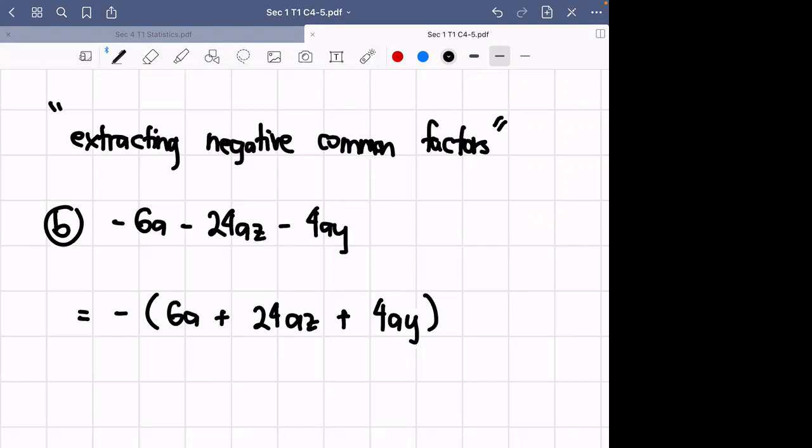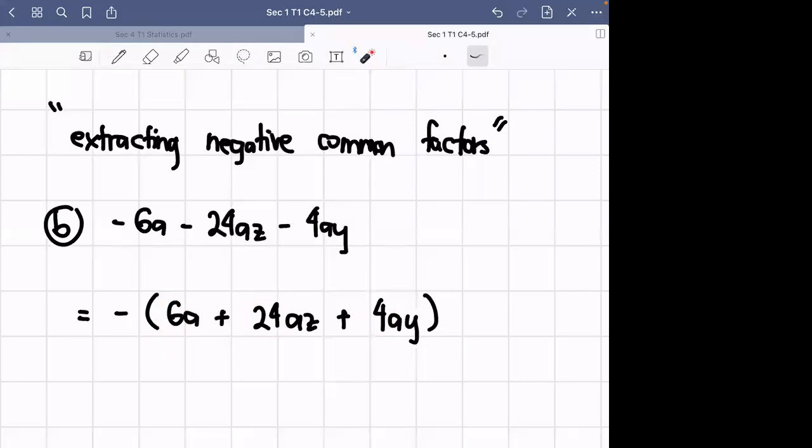But in this case, look. We have extracted the negative sign, and we have 6, 24, and 4. Now these three numbers are divisible by what? What's their HCF? Can we use 4?